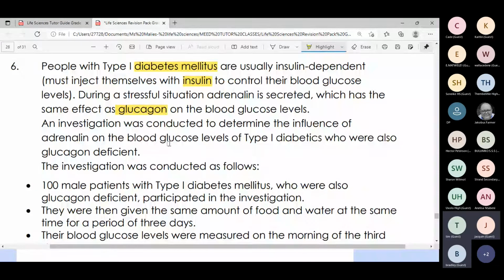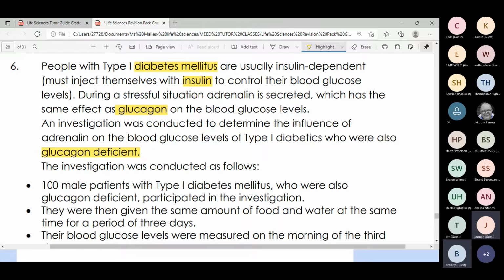In an investigation, I hope grade 12s you are taking note of this. These keywords in the question are giving you hints and will also help you to answer the questions that follow. So in the investigation, determine the influence of adrenaline on the glucose levels of type 1 diabetics who were also glucagon deficient.